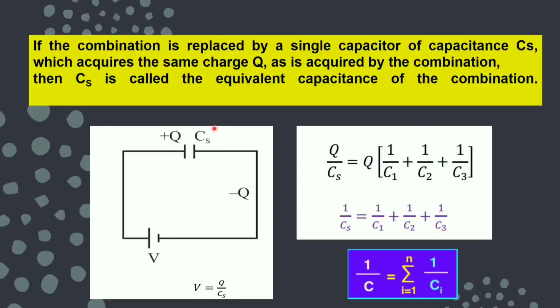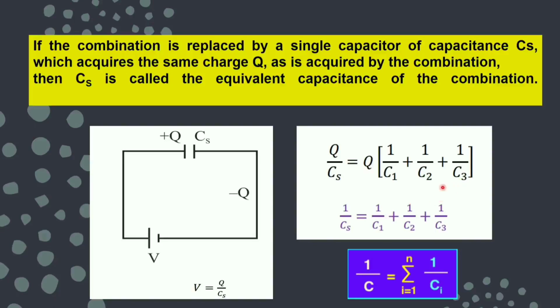The value of that capacitance is CS, the equivalent capacitance when all three capacitors are in series. Then V should be given by Q upon CS, and we have already shown this V: Q taken out, inside 1 upon C1 plus 1 upon C2 plus 1 upon C3.